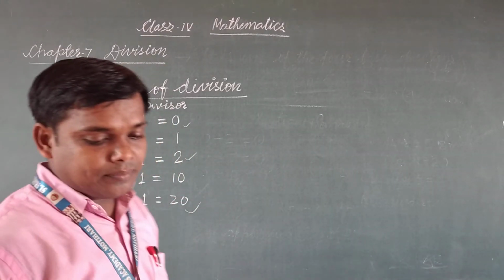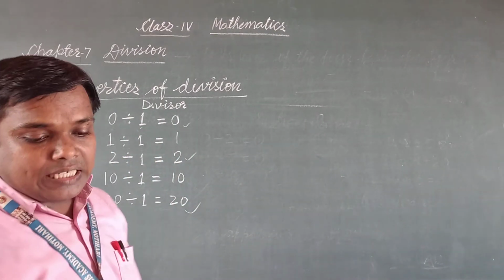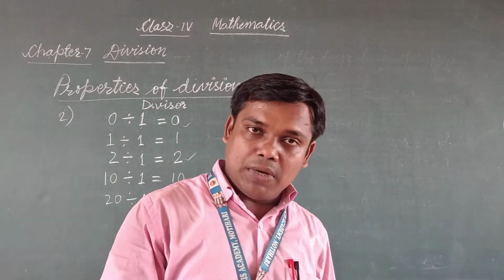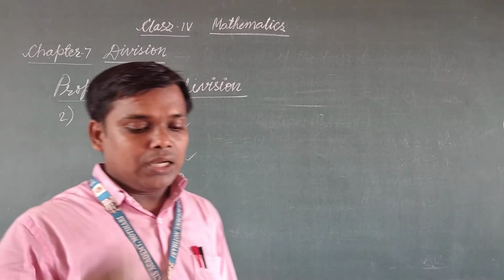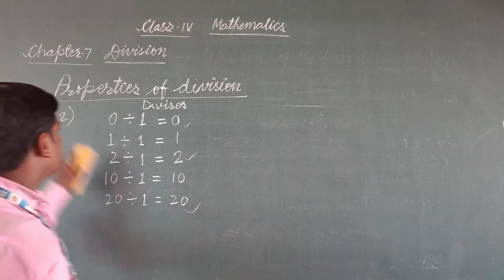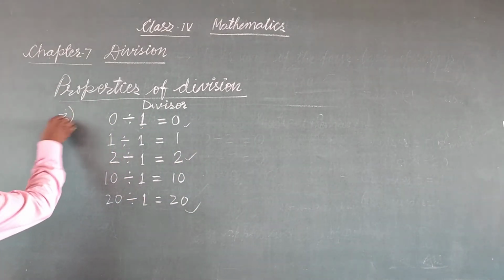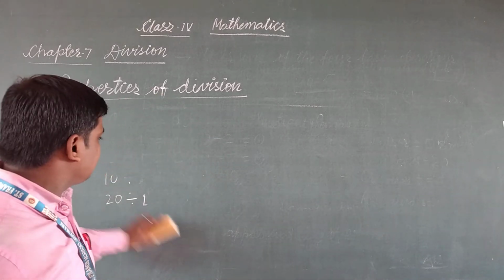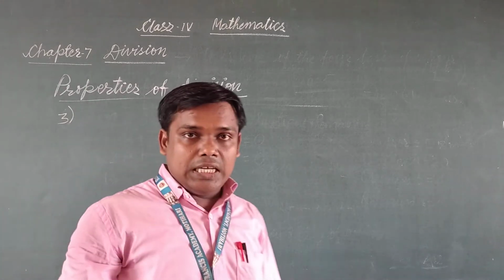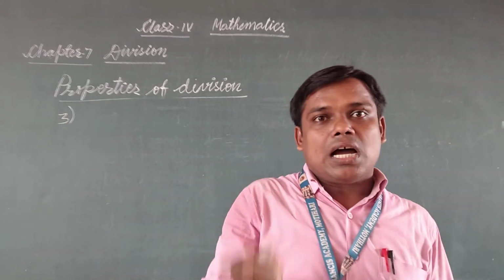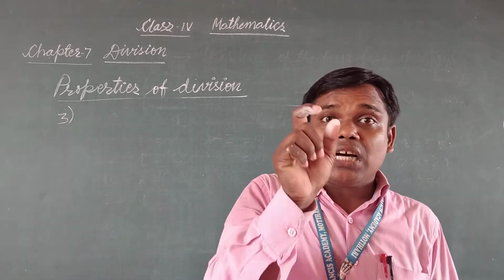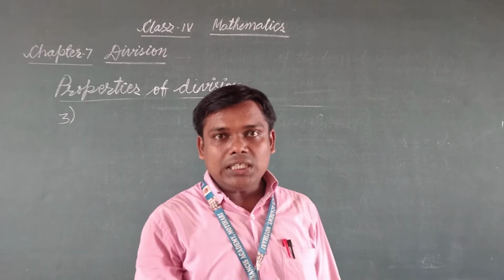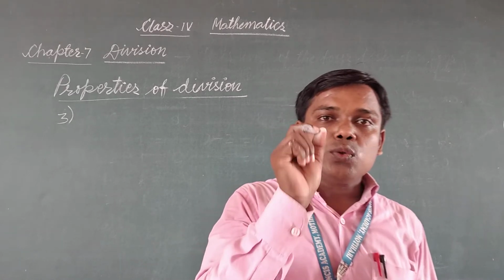The third property is: if the dividend and divisor are the same non-zero number, the quotient will be 1. When the dividend and divisor are the same non-zero number, the quotient is always 1.